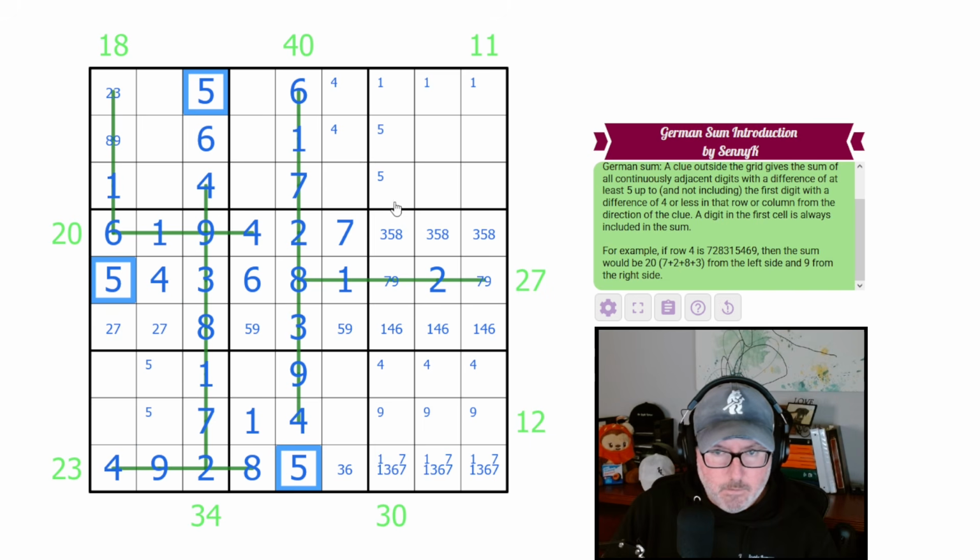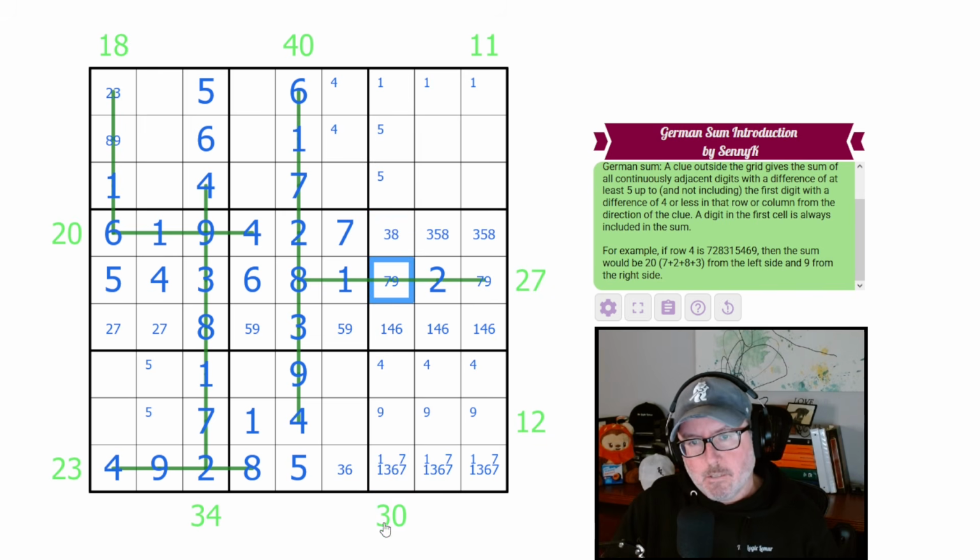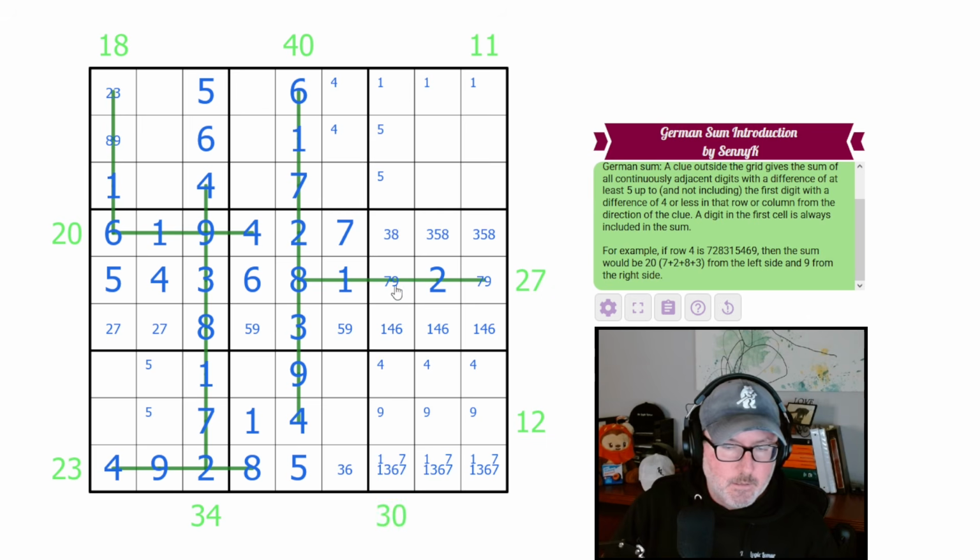We know one of those has to be a 5 already, so you can't be a 5 because of the math we did. And now this 30 is going to probably help us with the 7, 9 here, but let's come back to what we were doing. And again, just see if there's anything. Yeah, there's a 7 in one of these 2, which means you are that 2 and a 7.